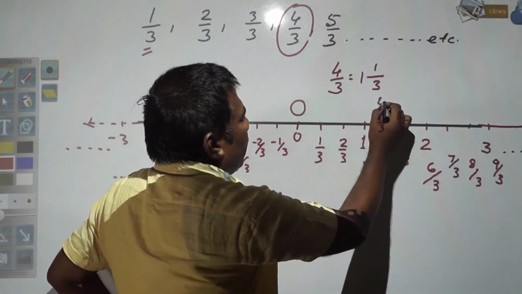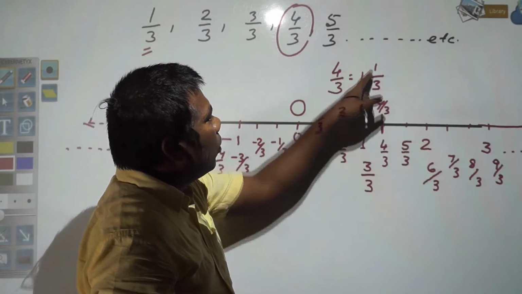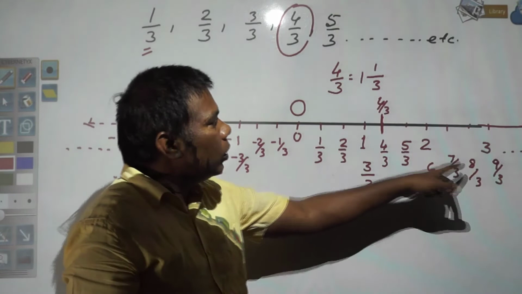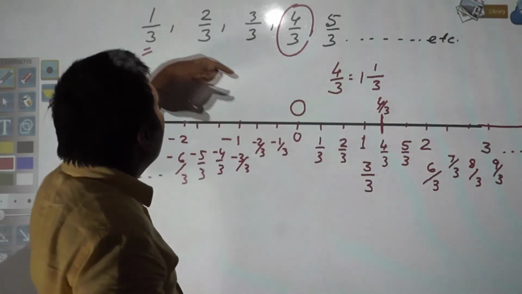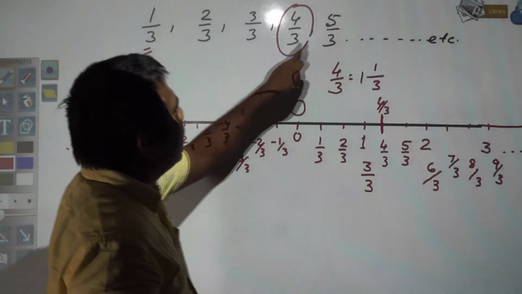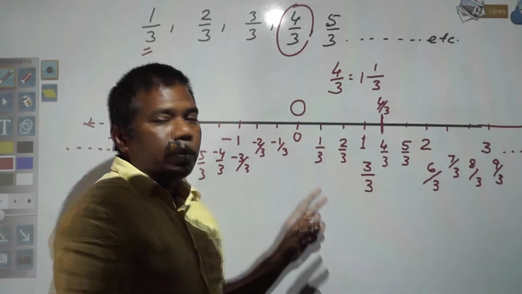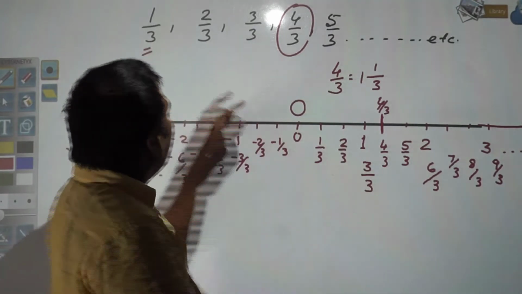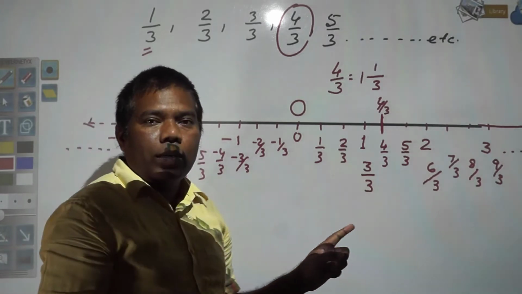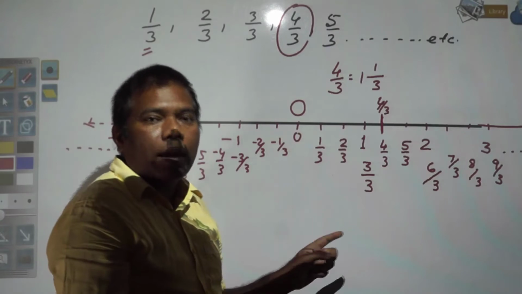So this will be 4 by 3, or 1 whole 1 by 3. So in this way, any number can be shown on number line, and you only need to see the denominator. If denominators are 3, that unit is required to be divided into 3 equal portions. If denominator is 4, you need to divide into 4 equal portions. If 5 it is, you need to divide that into 5 equal portions.